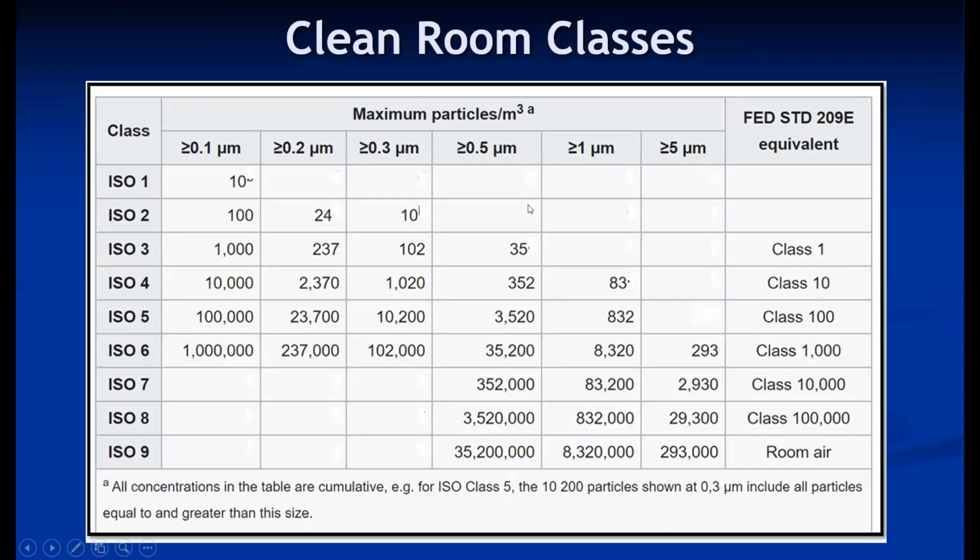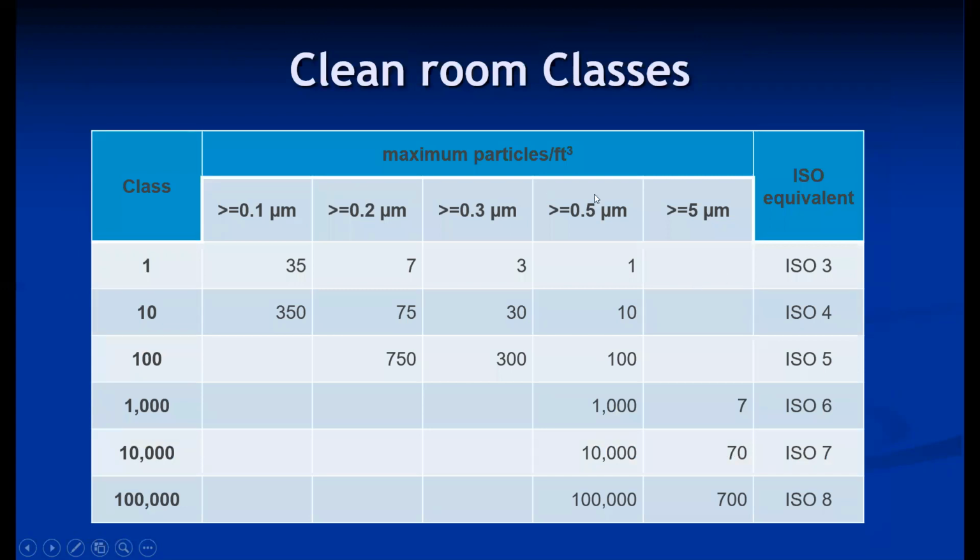Depending upon this particle size, different classes are there. The clean rooms are mainly classified as class 1 to class 1 lakh, and the room air mainly contains the contaminated air. These numbers are given based on the number of particles of size 0.1 micron per cubic feet.